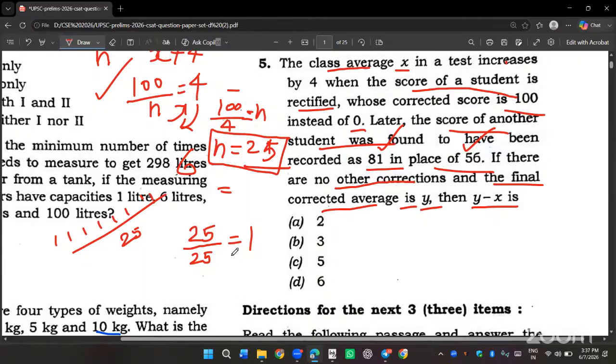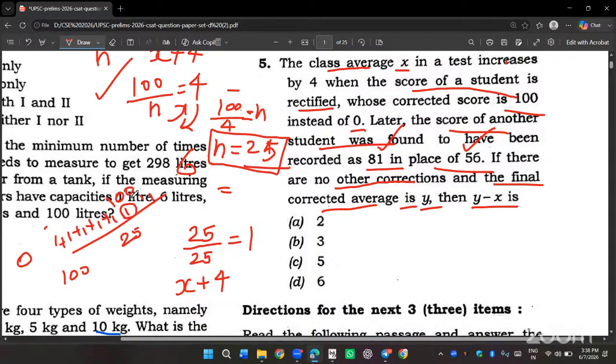So what I want to convey is the average was increased by 4 marks because to a student, instead of giving 100 marks, we were giving 0 marks. So here out of 25 students, one student's mark was 0, but now I made it 100. Others' marks are some value.